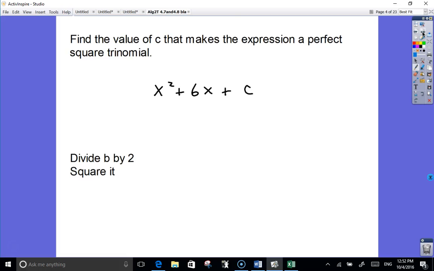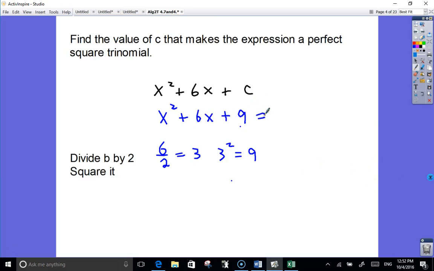So what you do is divide the b by 2 and square it. So 6 divided by 2 equals 3. 3 squared equals 9. So put a 9 in the place of c.